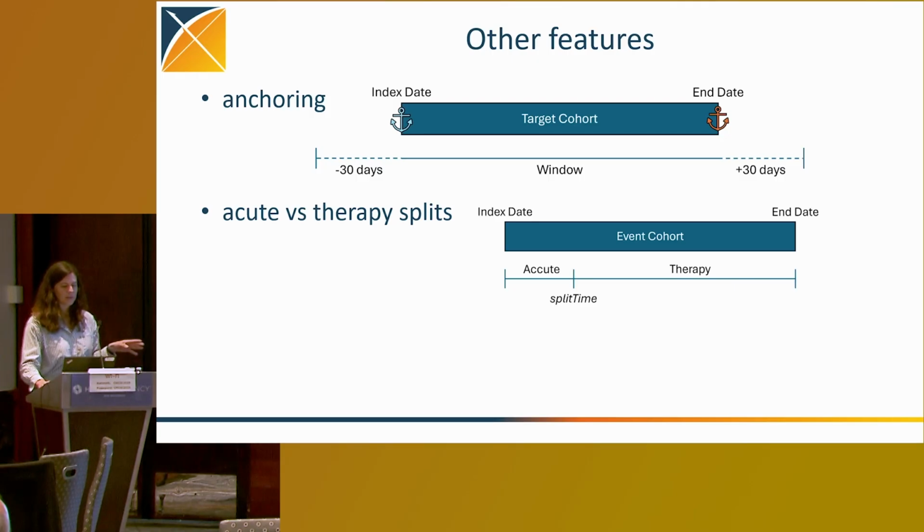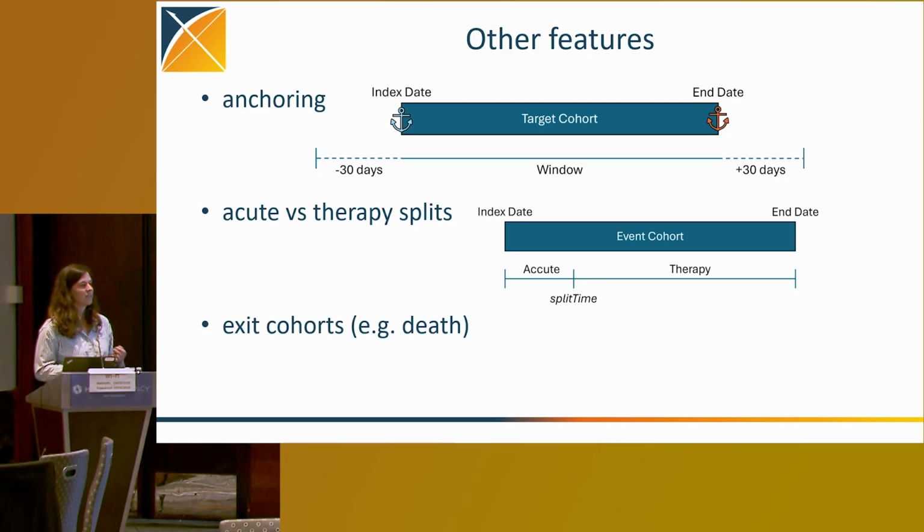Then we have something for acute and therapy split. So this is more the long-term and the short-term duration of events. And also it is important to realize that some people might leave your cohorts due to other external events. And so for diseases where it might be more prevalent that someone dies, unfortunately, it might be important to have exit cohorts so that you can also see in your pathway analysis when someone exits the cohort or when someone simply doesn't receive treatment any longer.